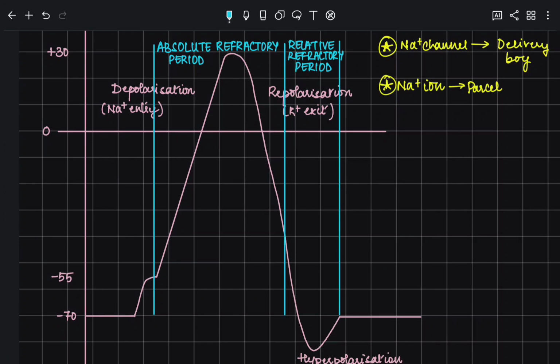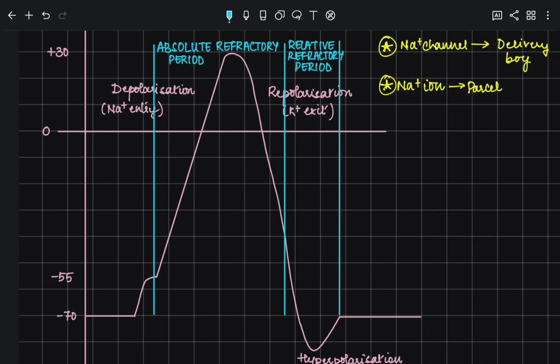Now, when we have an urgency, when it's festive season and when our business is booming, so we need to give deliveries at a faster pace, at a faster rate. So these awakened sodium channels or sodium delivery boys need to be given more stimulus or an upgrade in order to carry more boxes, in order to increase the amount of delivery in one single round itself.